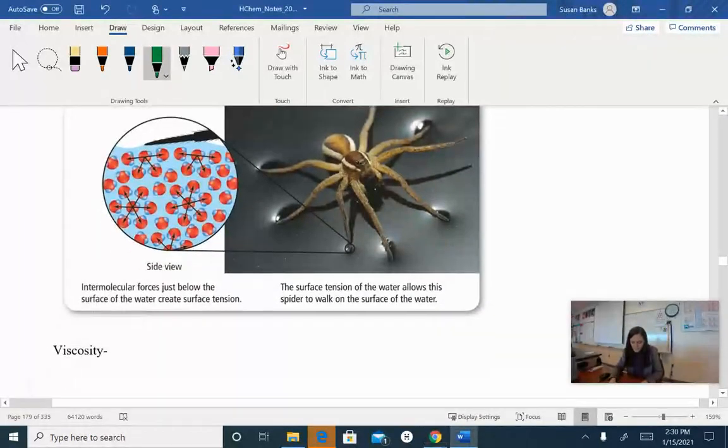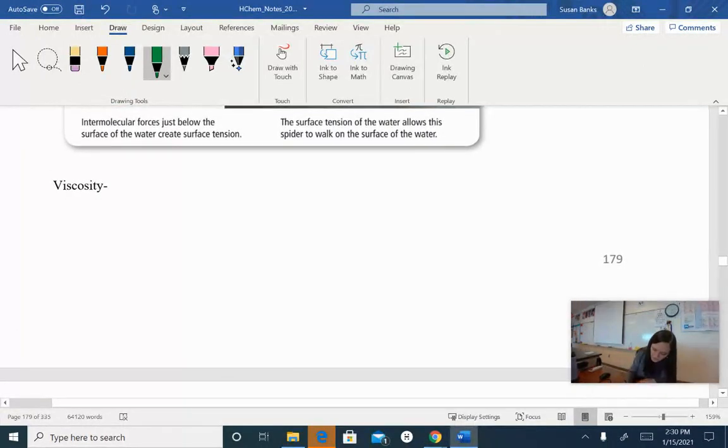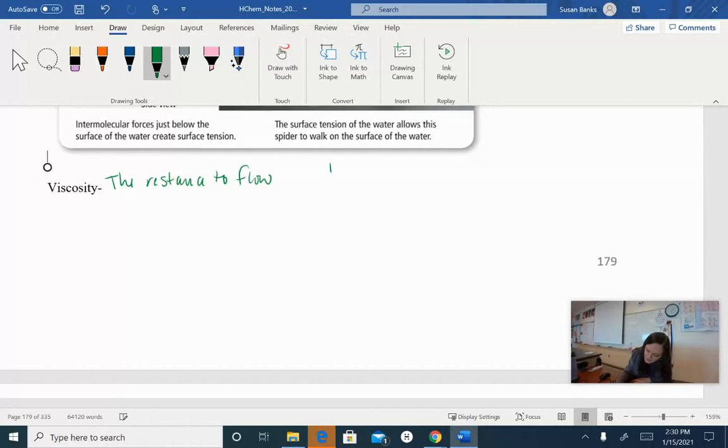Okay? Let's talk about viscosity. Viscosity is the resistance to flow. Okay? So think about things that really flow slowly. Think about the difference of pouring water out of a jar versus honey.